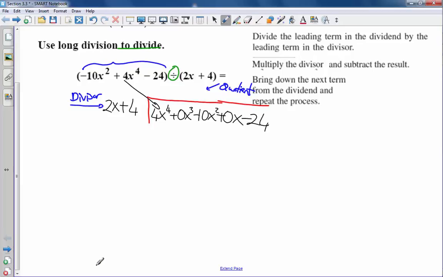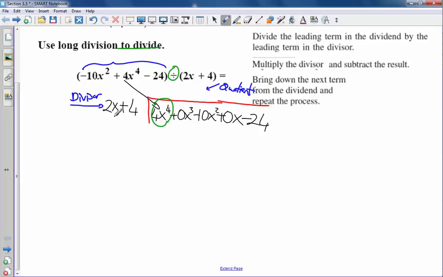First, you divide the leading term of the right with the leading term of the left. What do I mean by the leading term? You take a color pen and circle the largest exponent, the largest power on the right. Which one is it? The first one, of course. When you order this, the first one is the largest.